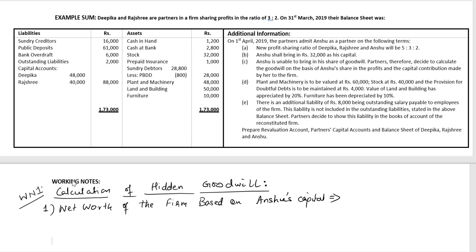It's equal to the capital which is brought in by Anshu, which is 32,000 rupees, multiplied by the reciprocal of his share, which is 10 divided by 2. And this comes up to rupees 1,60,000.